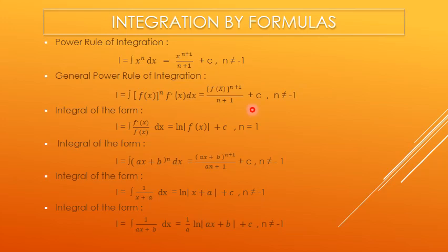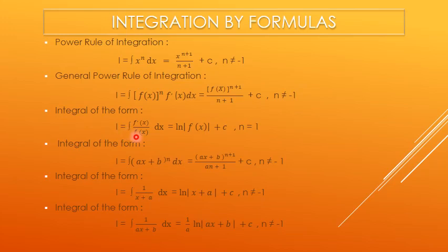In derivations, when we have the logarithm function ln x or log x, when we take its differentiation, we get 1 upon x. And in this form, 1 upon x is given with the integral. So when we solve it, we get ln x. Or if we have the function x plus a, we get ln mod x plus a plus c.